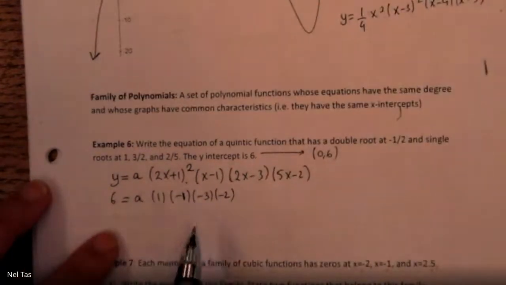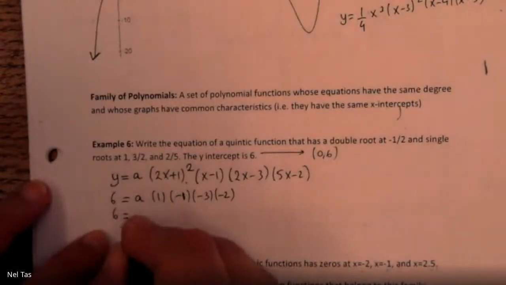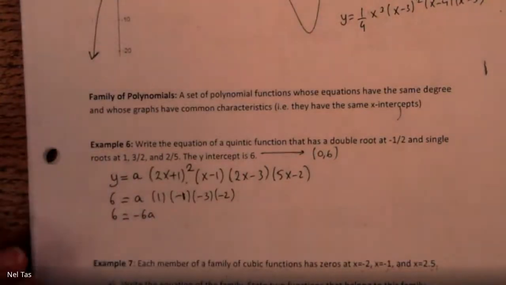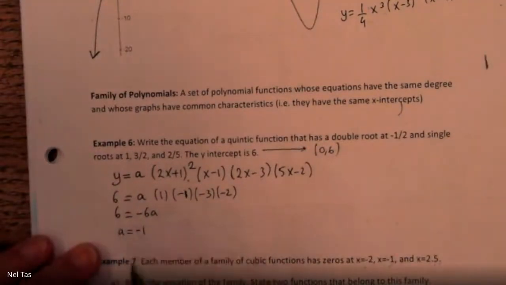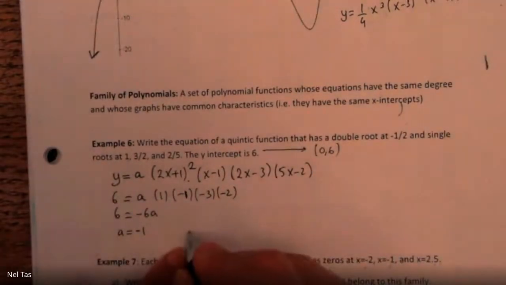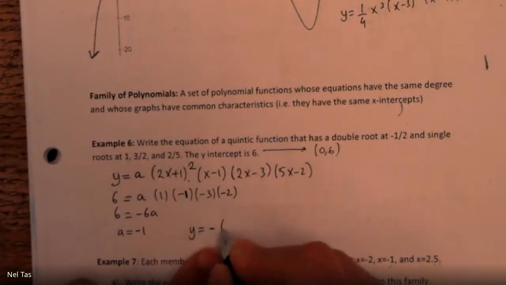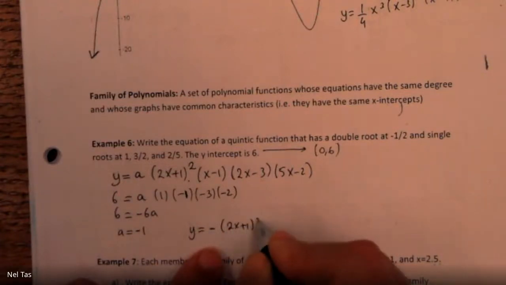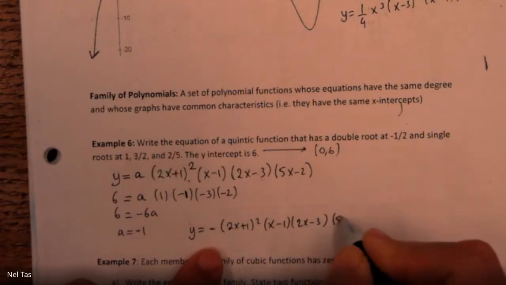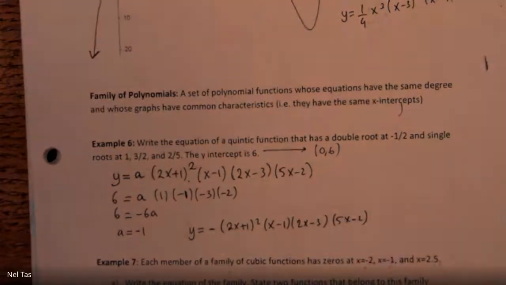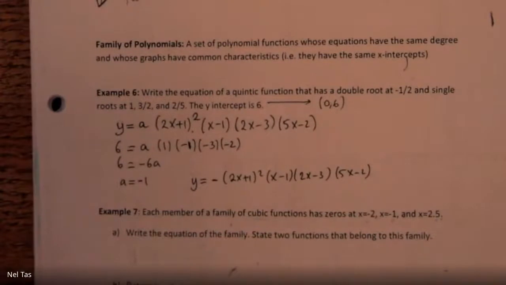So we get -6 here. So 6 equals -6a. Divide both sides by -6 to get a equals -1. Then the equation is y equals -(2x plus 1) squared, (x minus 1), (2x minus 3), (5x minus 2).